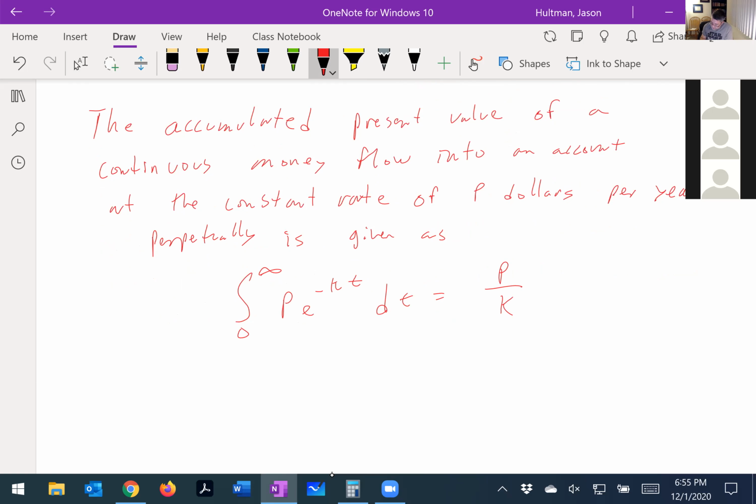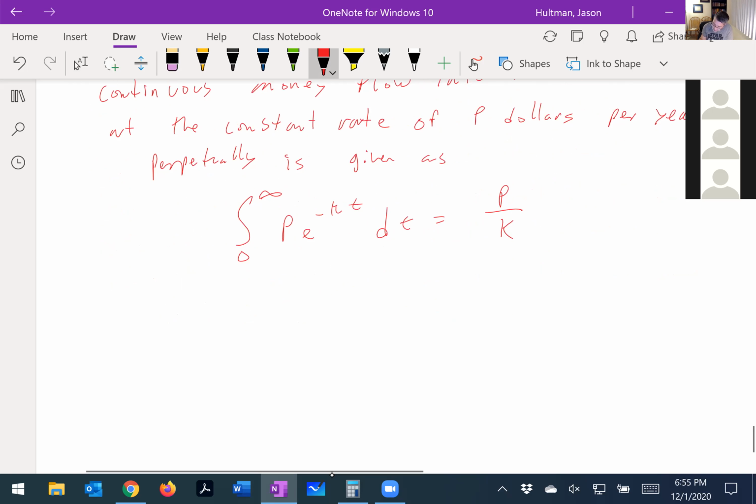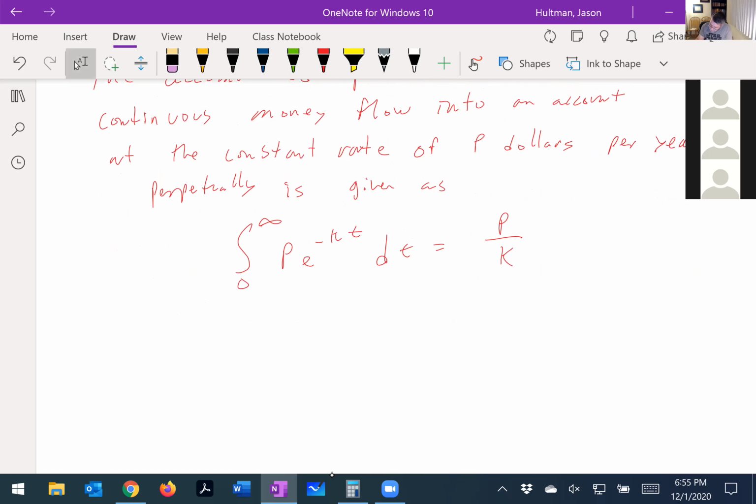Okay, so if we do the integral here, we would get this to be p over k. Why? Well, what's the difference here? The difference is that t goes to infinity, right? So p over k, this is very similar to the r over k that we had before.